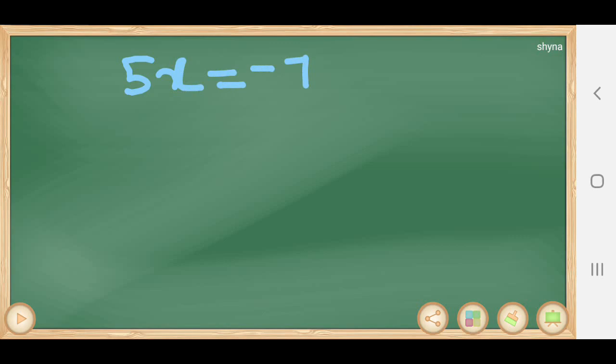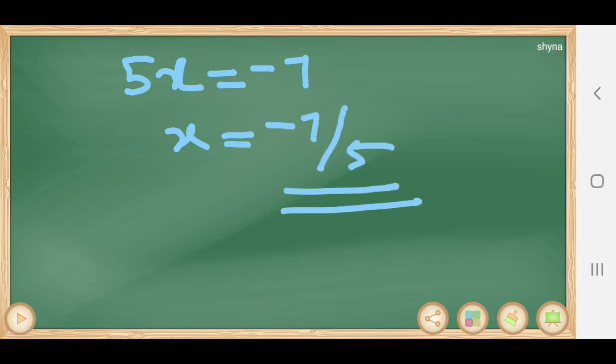Now what is x? You know that 5x means 5 into x. We have to get x, so transpose 5 to RHS. While transposing, multiplication becomes division. So x equal to minus 7 by 5. Okay, clear, dear children?